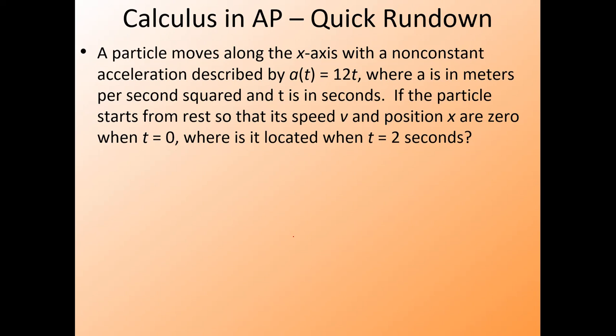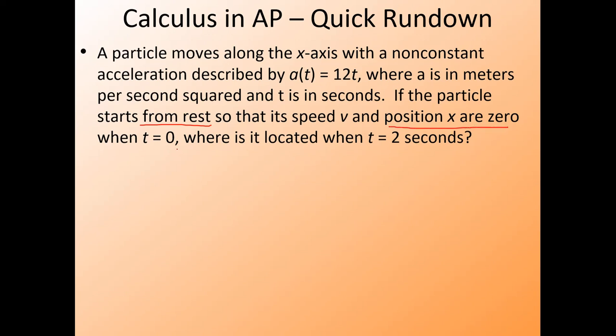All right. So these are all going to be examples of multiple choice questions that you would see with calculus. Here they give us this acceleration equation as a function of time, so it's changing over time. It says that the object starts from rest and has a position of 0 when t equals 0.